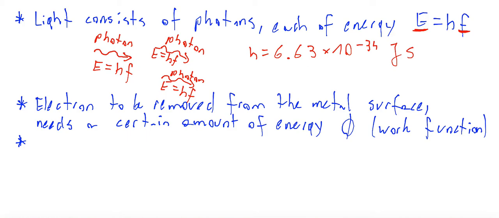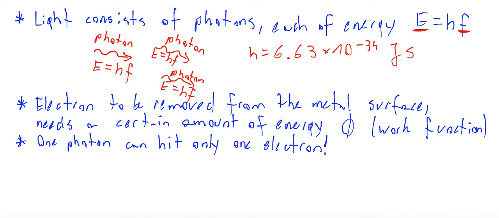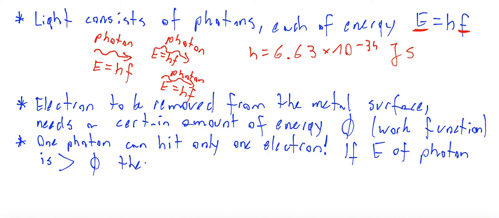So write this. That one photon can hit only one electron. And if the energy of the photon is bigger than the work function, then the electron is removed.